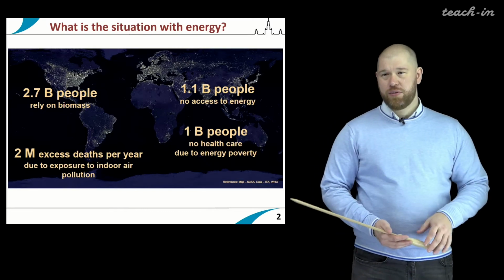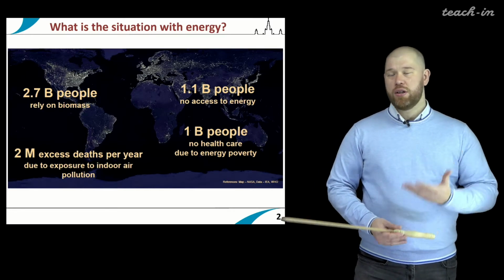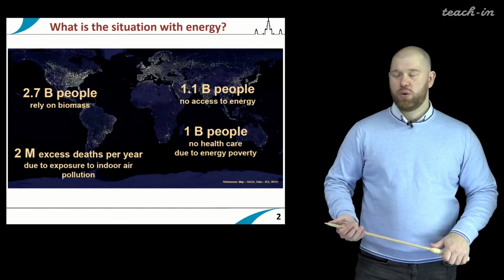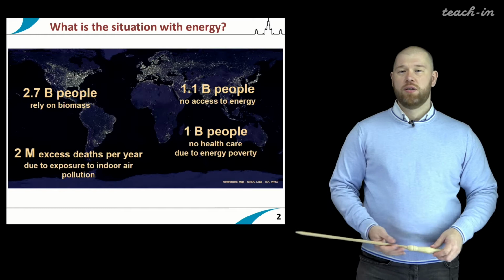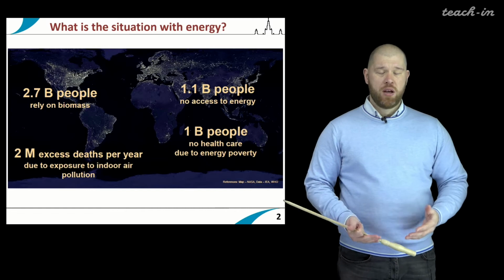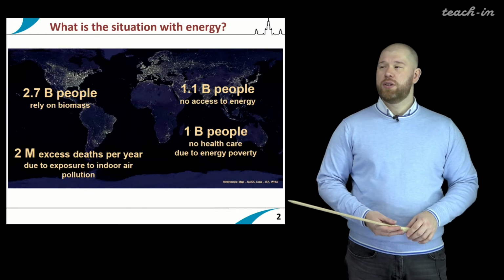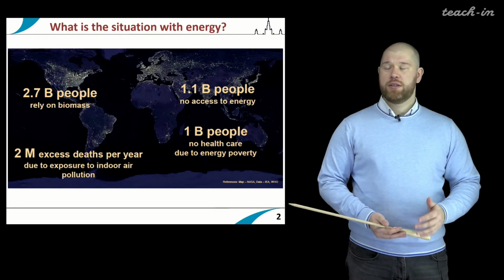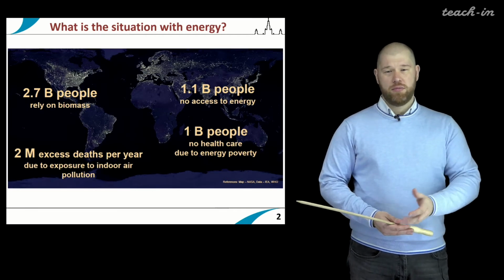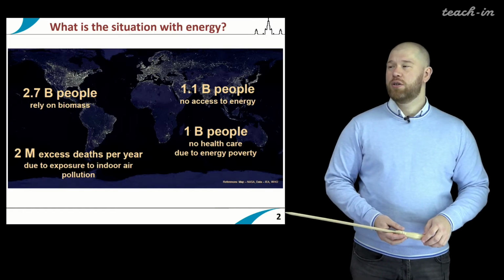There are excess deaths per year due to the exposure to indoor air pollution or to the air pollution due to the use of coal or oil for production of energy, because all these materials produce quite a lot of different organic pollutants due to the combustion of the biomass, and thus these poisonous, hazardous materials are released to the air and then inhaled into the human body.